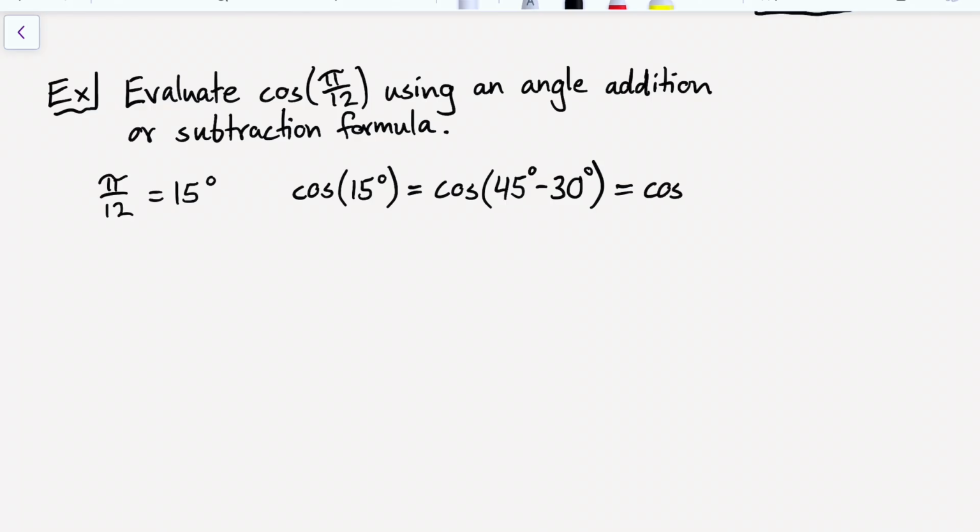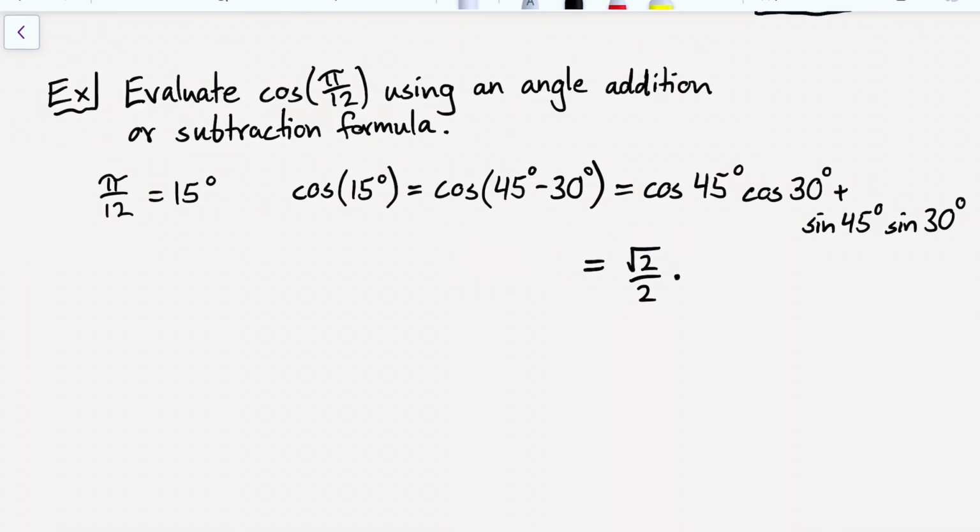Well, using our cosine subtraction formula, this is cosine of 45, cosine of 30, plus sine of 45, sine of 30. And once again, from my special right triangles, I can find all of these values. Cosine of 45 is root 2 over 2.